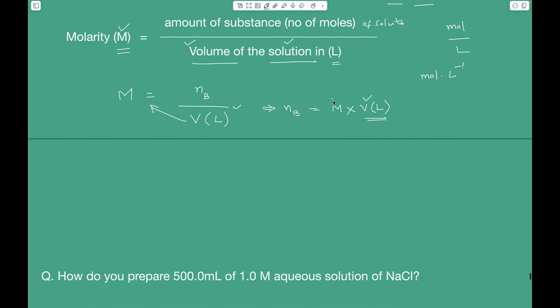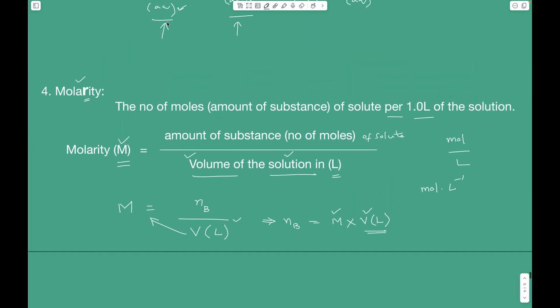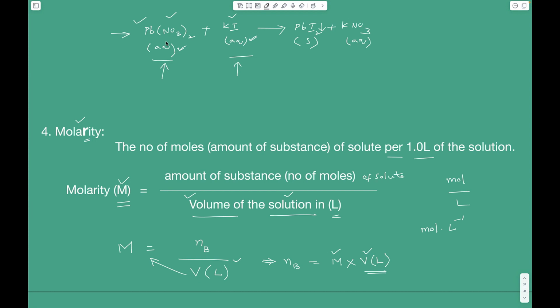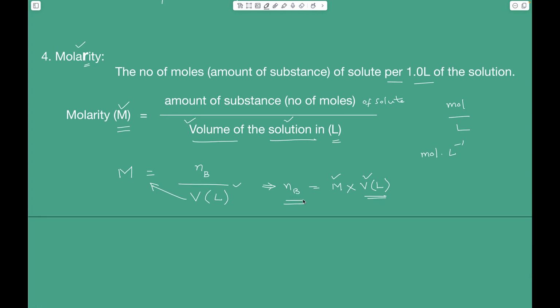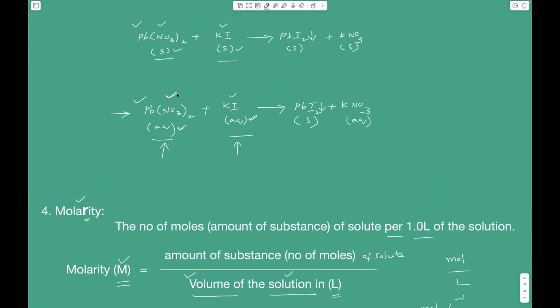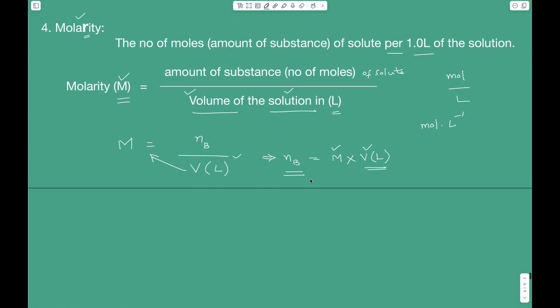And if you know the molarity of the solution that you are using, then the product of these two will give you the number of moles of the solute or the number of moles of the reactant. So it is so easy to figure out the number of moles of solute present in a solution if you know the molarity of the solution, because the volume of the solution can be easily measured in the laboratory.